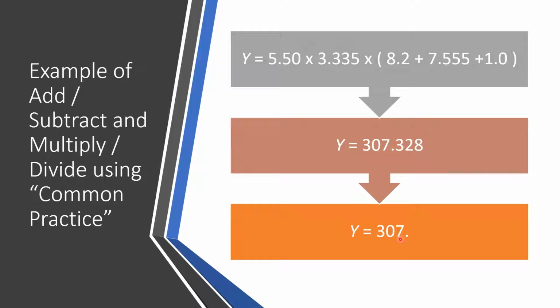So it's basically acceptable given the imprecision in our initial numbers. And most people are not going to be too concerned about that. So that wraps up our discussion of calculations of numbers with different significant figures.